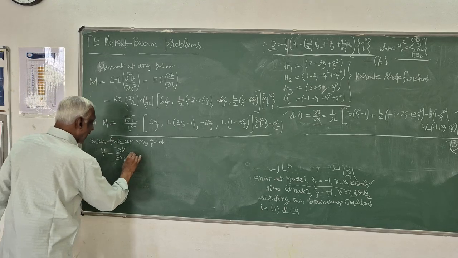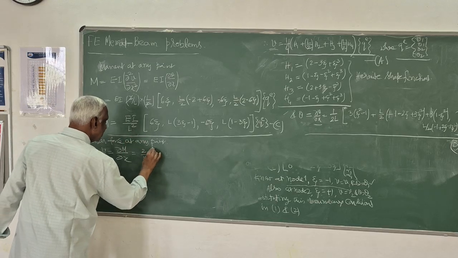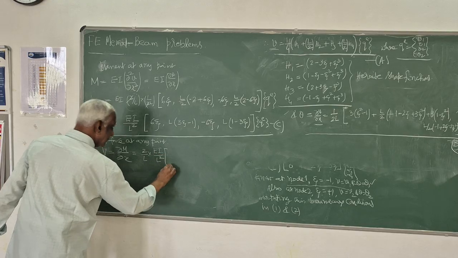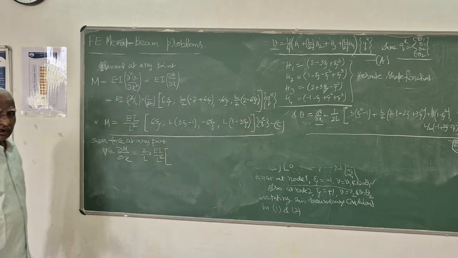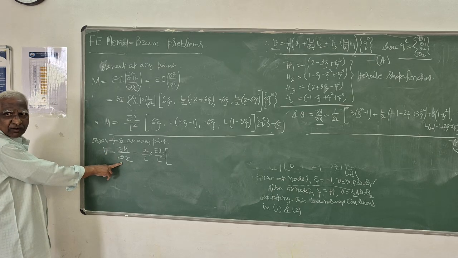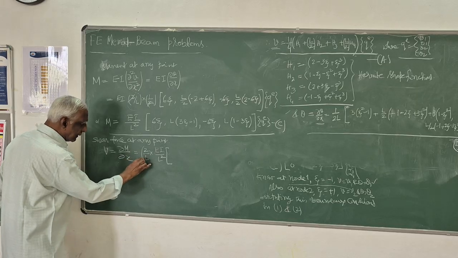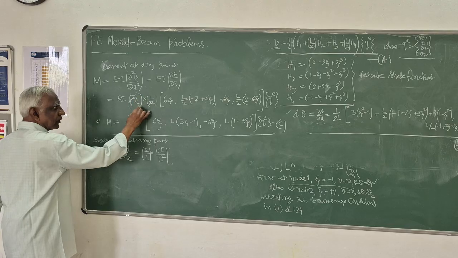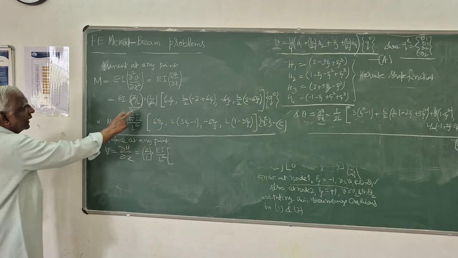So again, I have to multiply by 2 by L into EI by L square into partial differentiation of this particular expression with respect to Z instead of X. Now, since I am multiplying by the Jacobian inverse, here also I multiply by the Jacobian inverse of that expression, 1 over 2L.